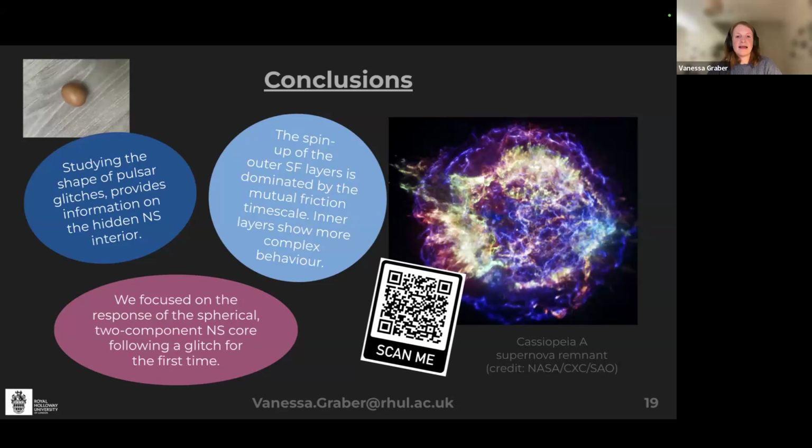And we found that the mutual friction timescale that we very often assume in our analytical 1D models represents the superfluid spin up of the outer layers very well. But as soon as you go further inside, there's a lot of additional physics that is currently not accounted for. So there's extra stuff happening, which is something that we're missing at the moment.